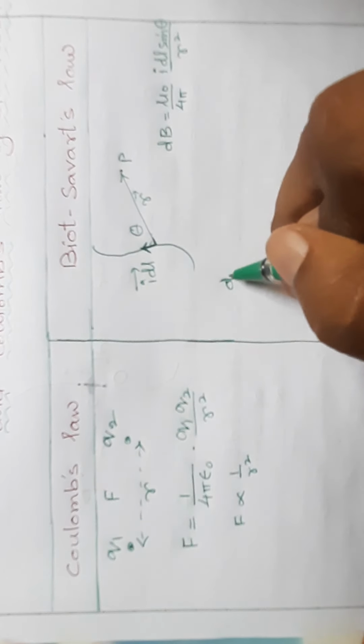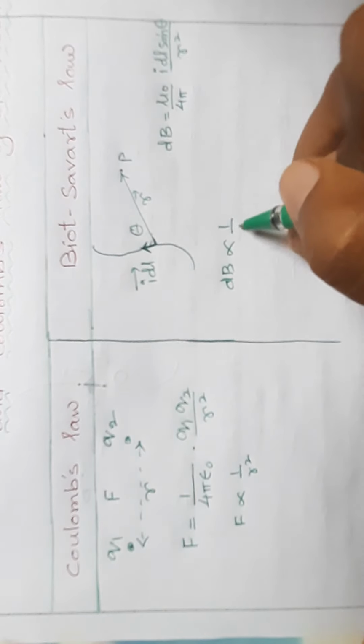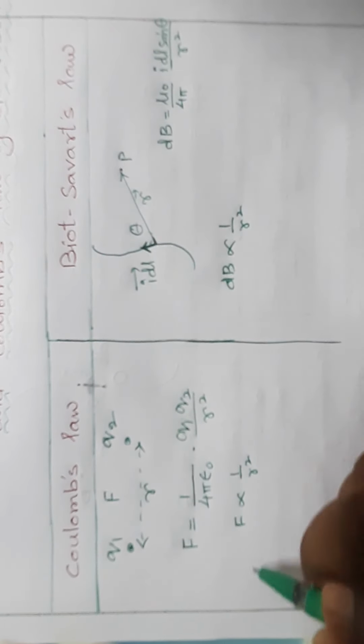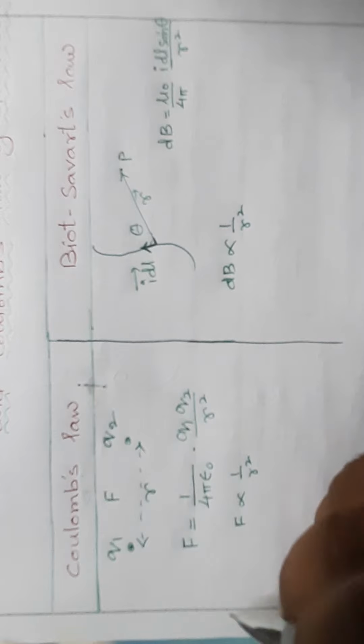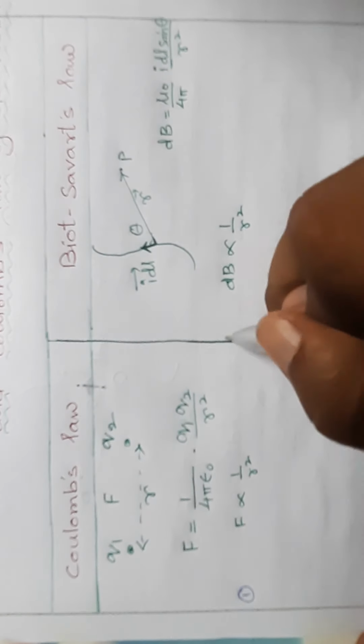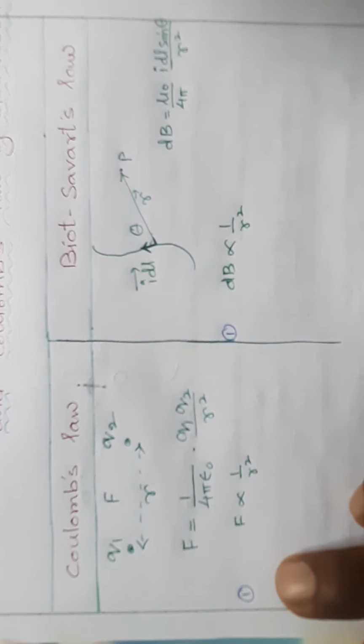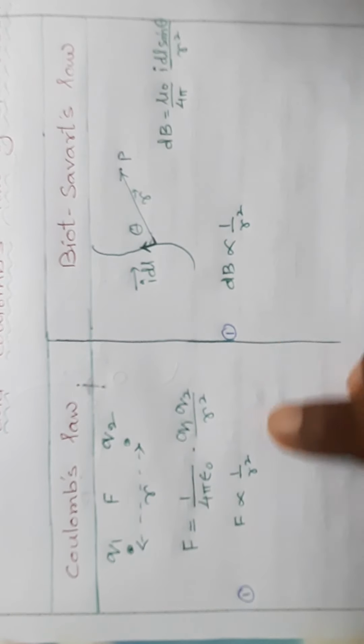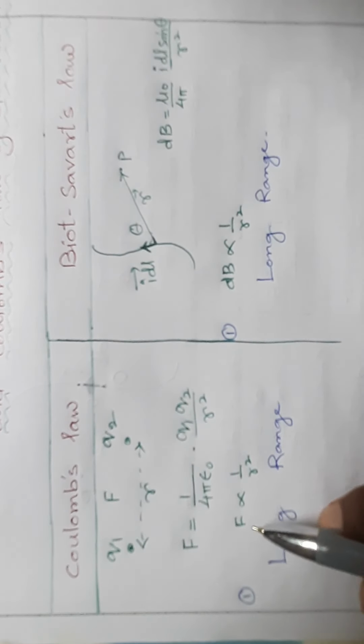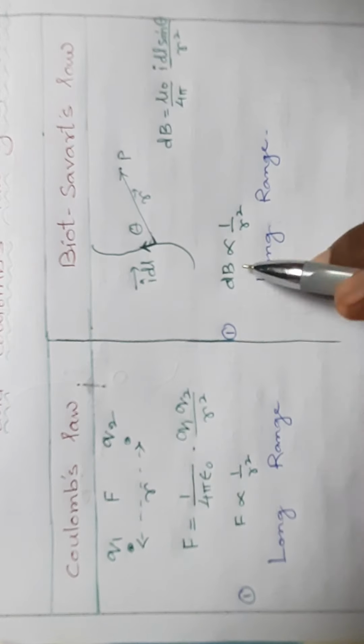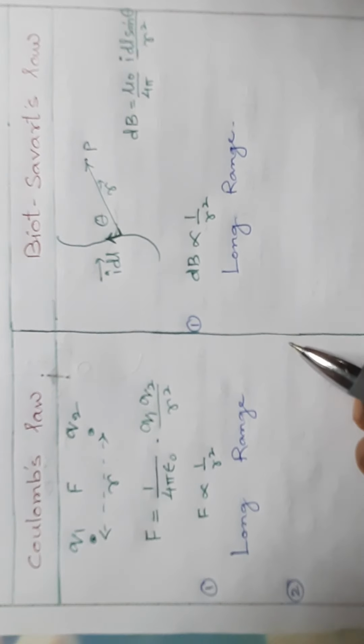Here dB is also proportional to 1 by r square. So the first similarity is that it is long range.